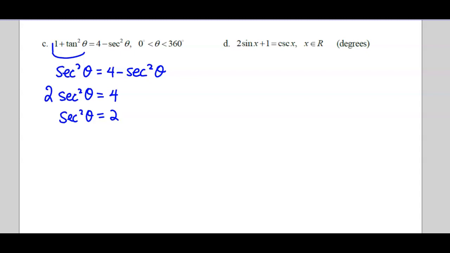Then take the square root of both sides, and then if you want to, convert it back to cos. Up to you. Remember, 1 over root 2 is the same as root 2 over 2.